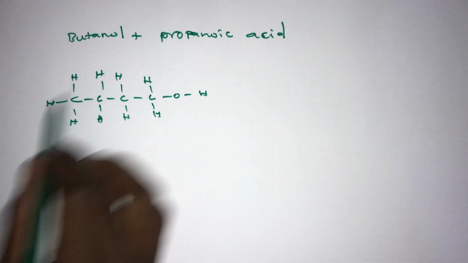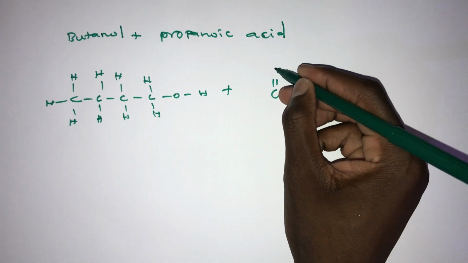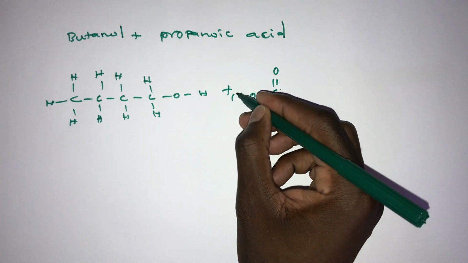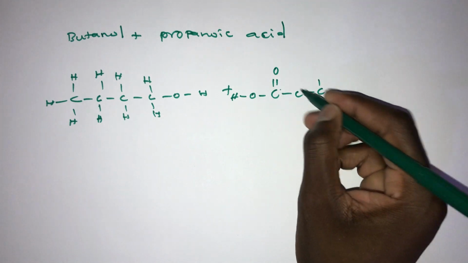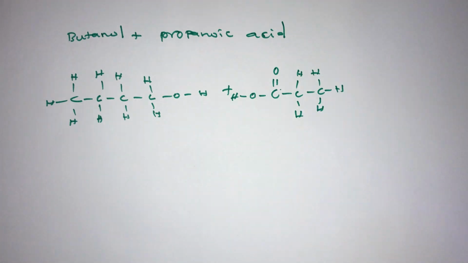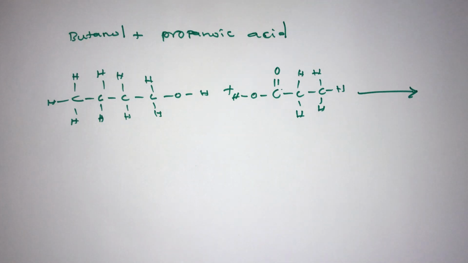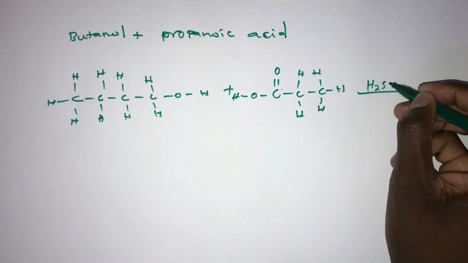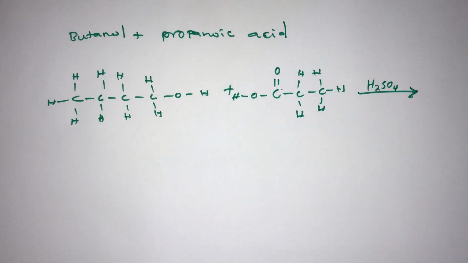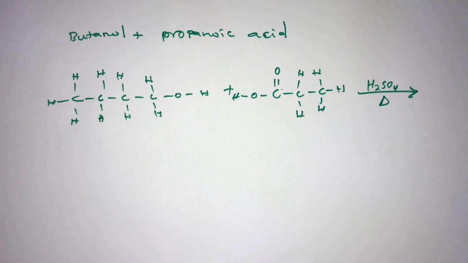It's butanol plus the propanoic acid, still the same. Since we are looking for the product ester and water, let's take this arrow as the equal sign. Here we're going to have H2SO4 as a catalyst, and heat as the reaction condition.